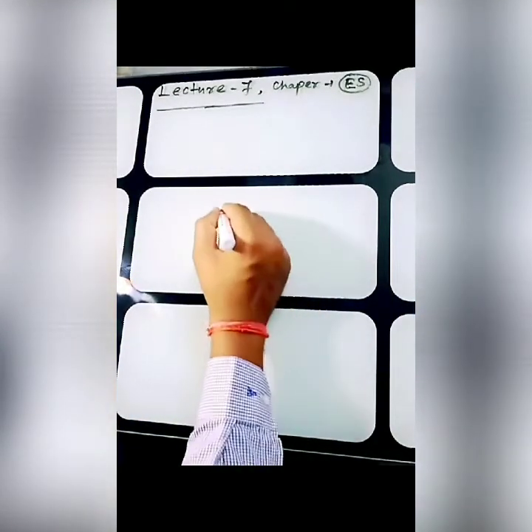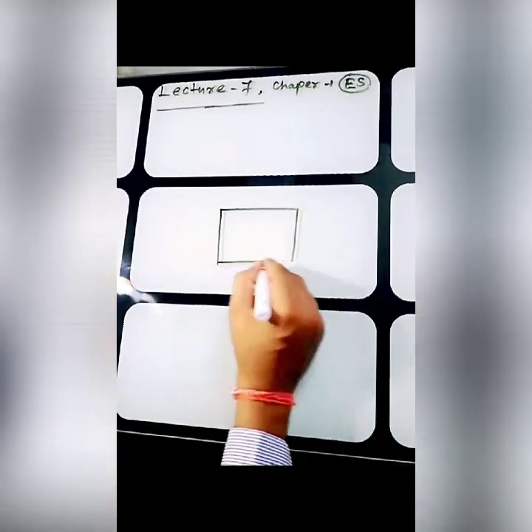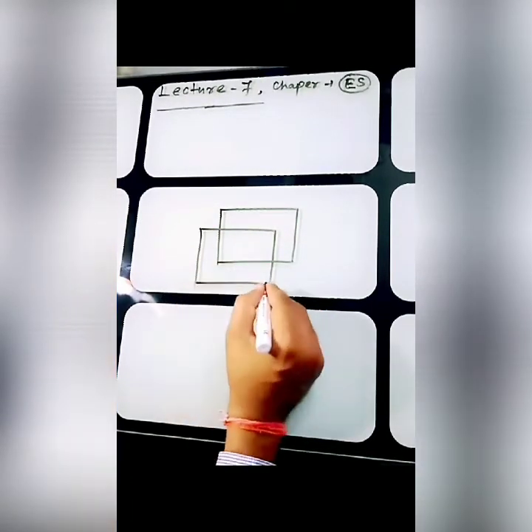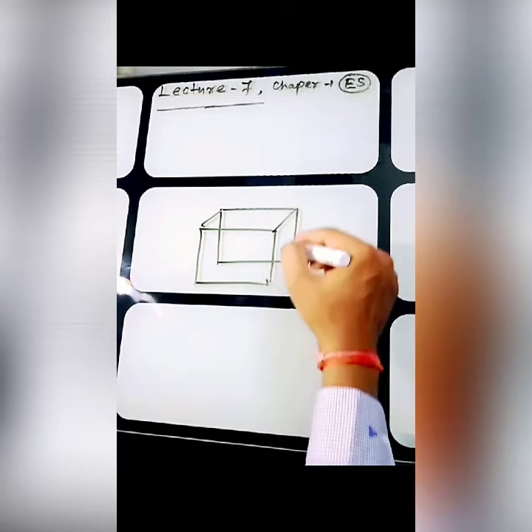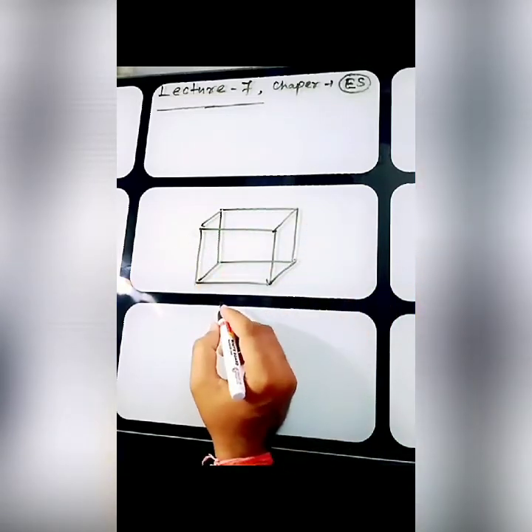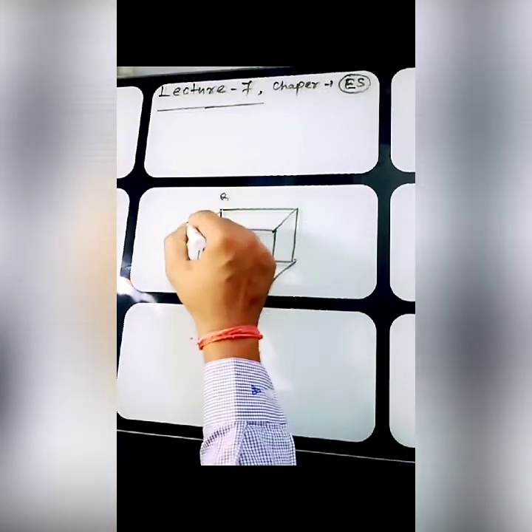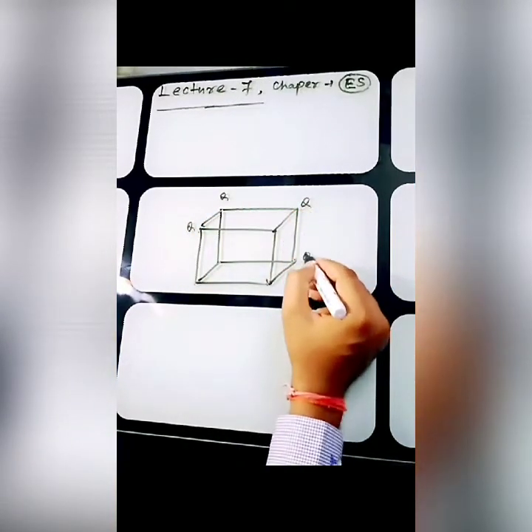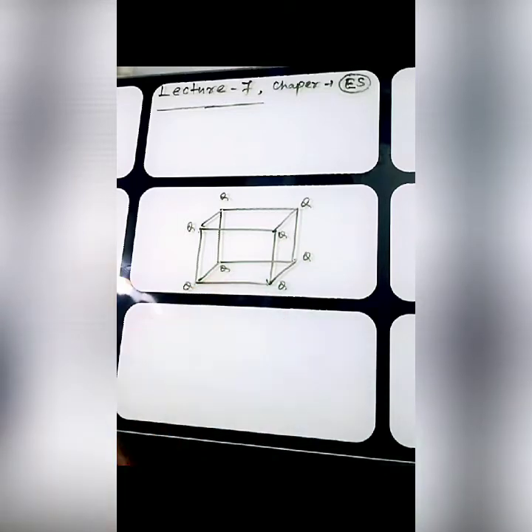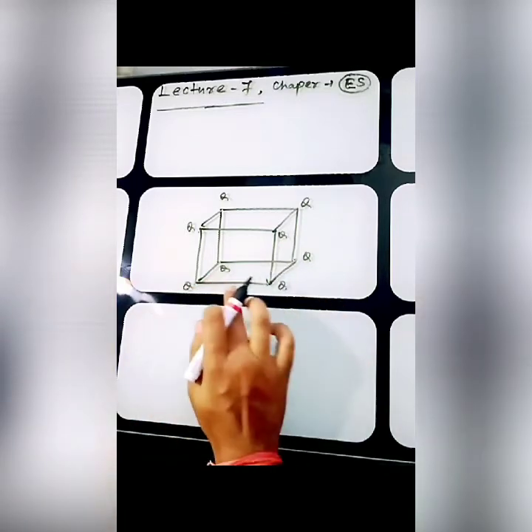You will be asked to solve this question. This is a cube, and the charges are placed at the vertices. Equal charges, I'm making this question a little simpler.